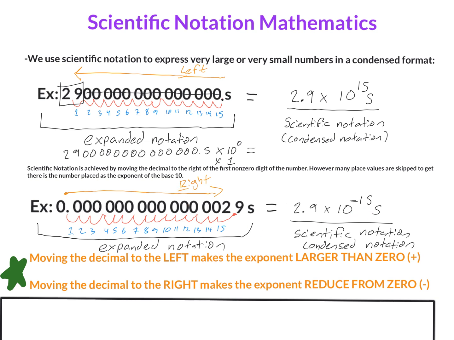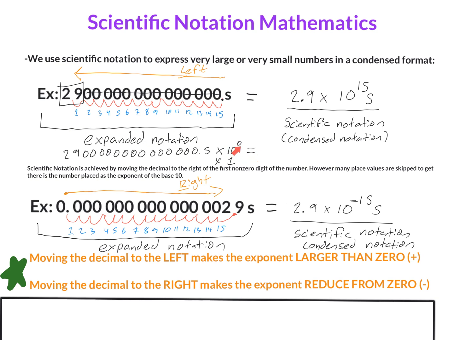So the saying is to help you understand, am I making it more negative or am I making it more positive? And so if you're moving your decimal point to the left, your exponent should always become more positive from where it started. We know our exponent started at 0, so we should be making our exponent more positive from 0 by 15 units.